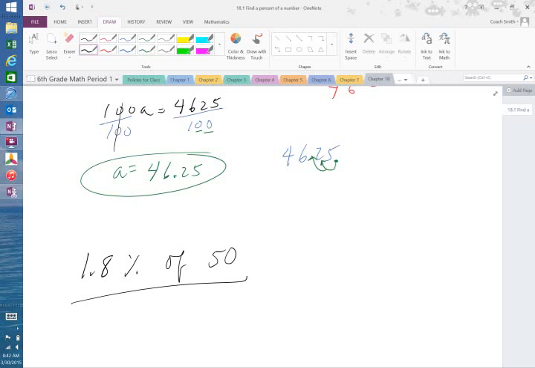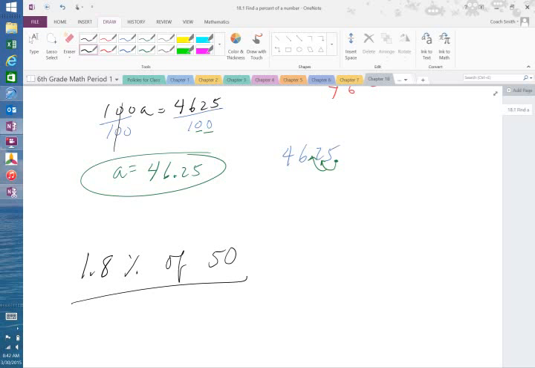So you're going to cross multiply, and that gives you 100 times A equals 1.8 times 50. So we want you to multiply 1.8 times 50. Once you get that, you're going to have 100A equal whatever this is equal to.